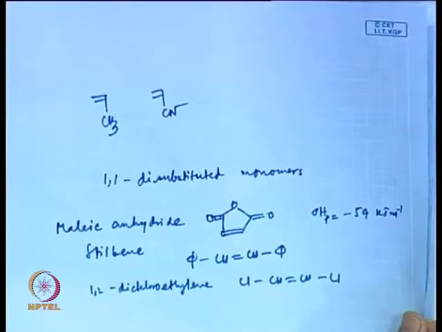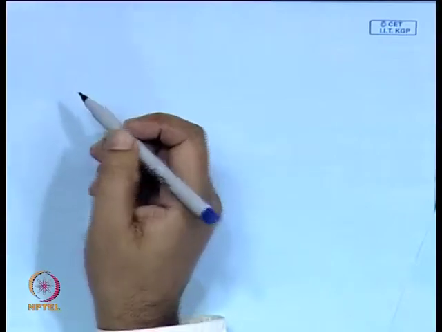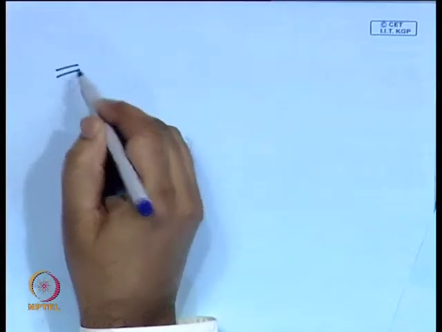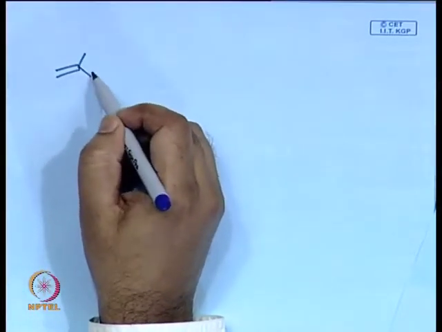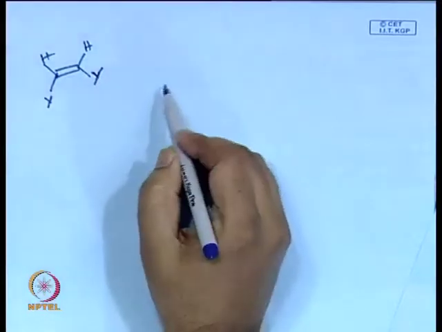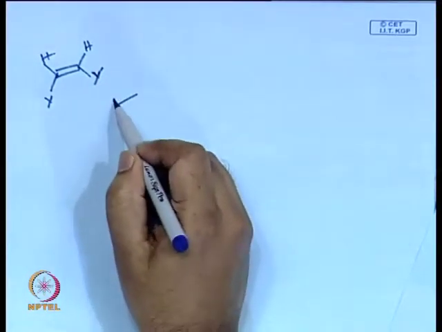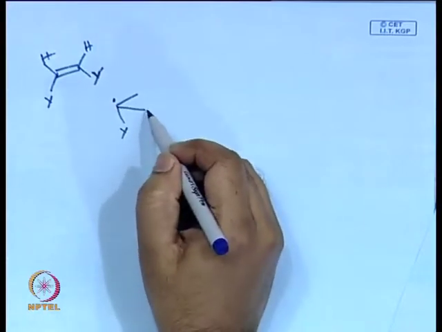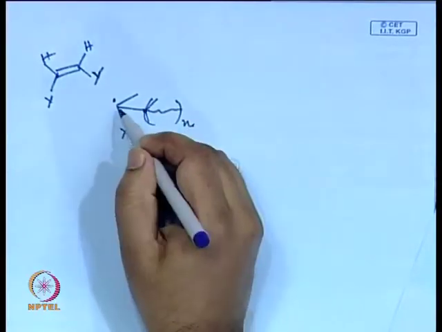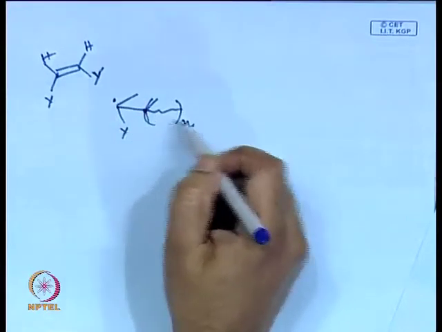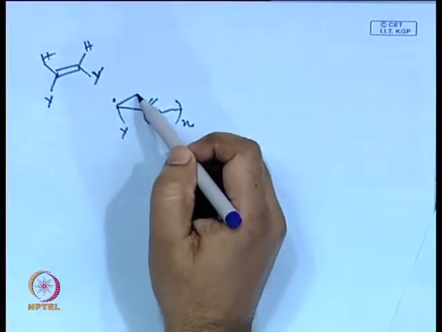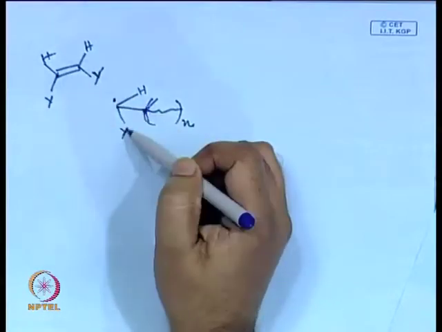That is because if you have a monomer like this, which is 1,2-substituted, and you have a radical approaching this double bond, the approach gets very restricted because of these substituents.